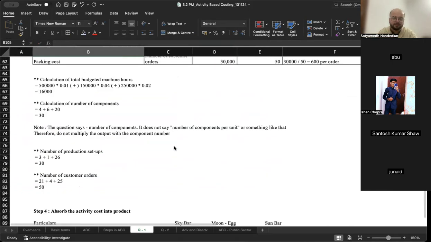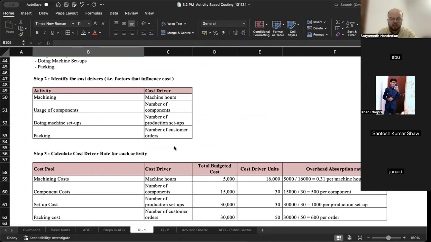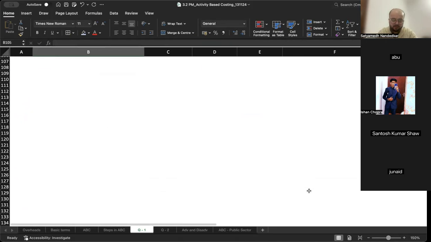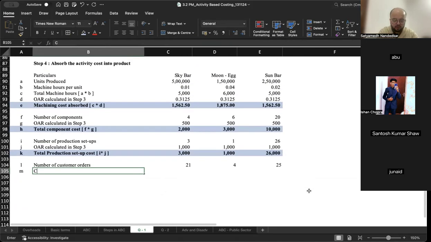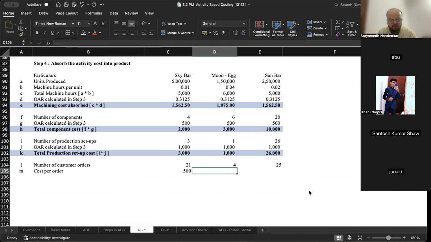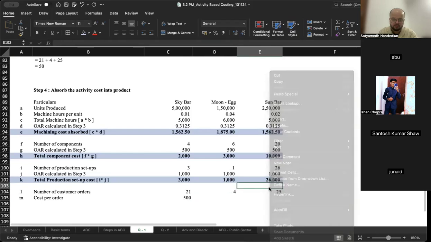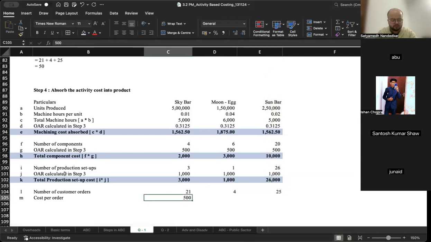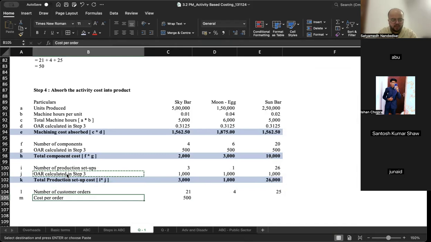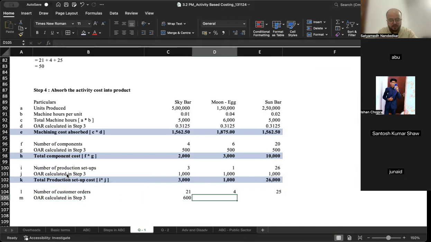M. What is M? द कॉस्ट पर ऑर्डर। ठीक है, यहां पे लिखो कॉस्ट पर ऑर्डर कितना था, 500 था ना, सॉरी 600 था। So OAR calculated in step 3, 600.